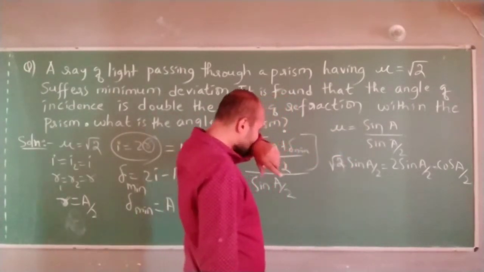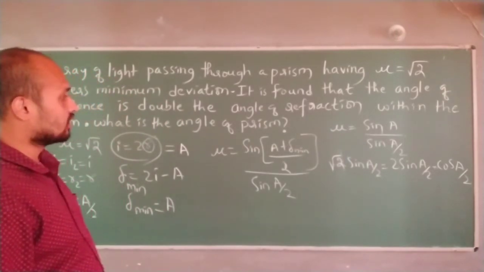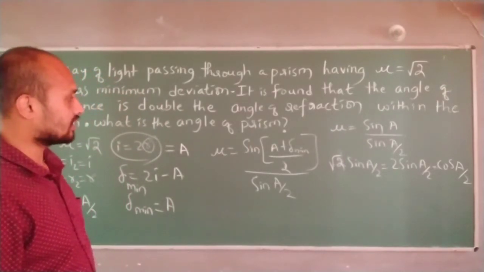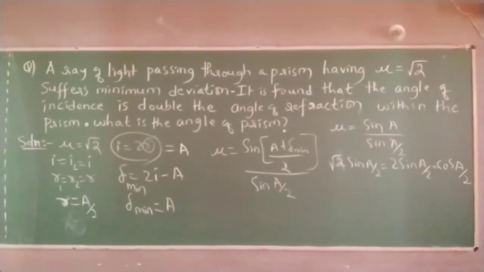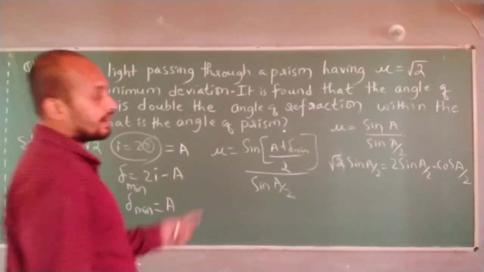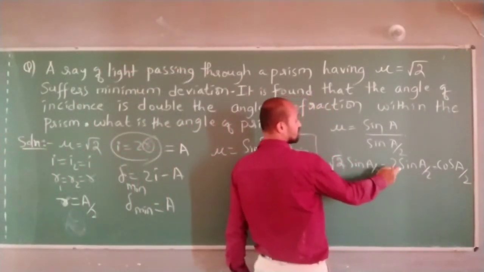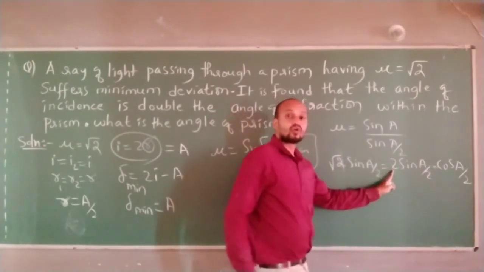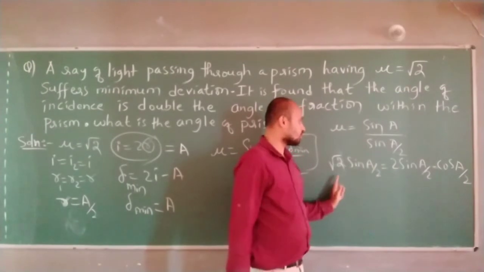Root 2, any familiarity? See here, this 2 can be written as root 2 into root 2. Once I write this 2 as root 2 into root 2, one root 2 gets cancelled.